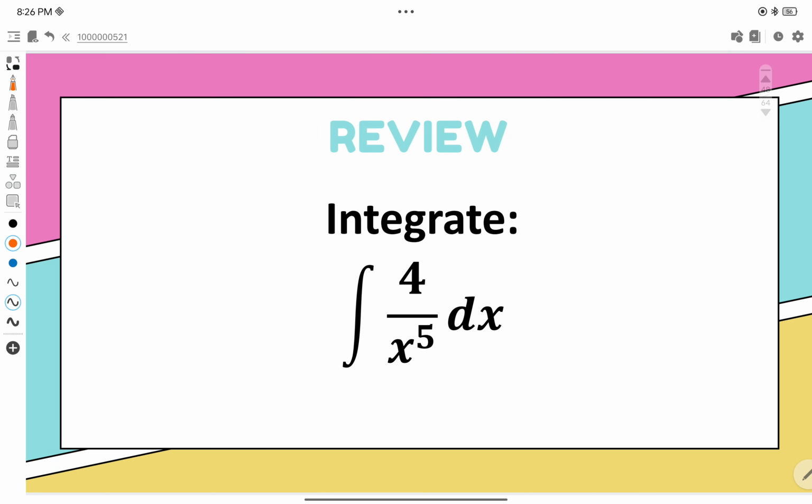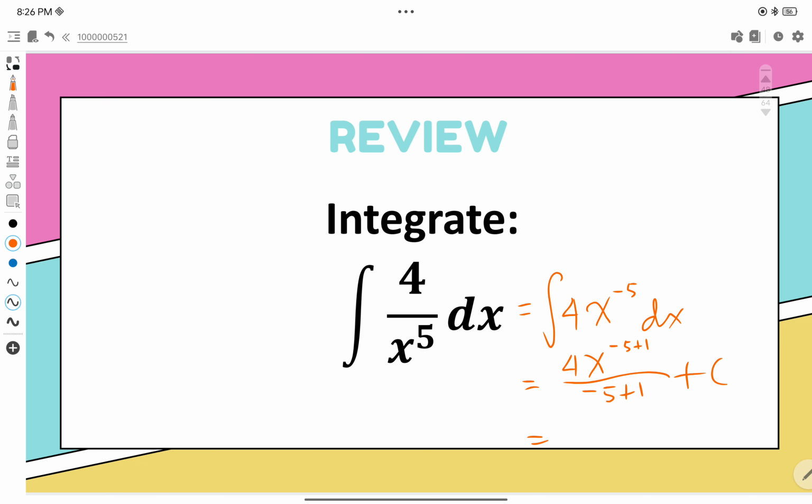Okay, another example, very simple. We can rewrite or express this as 4x to the negative 5 dx. Integrating, we have x to the negative 5 plus 1 over negative 5 plus 1 plus c.